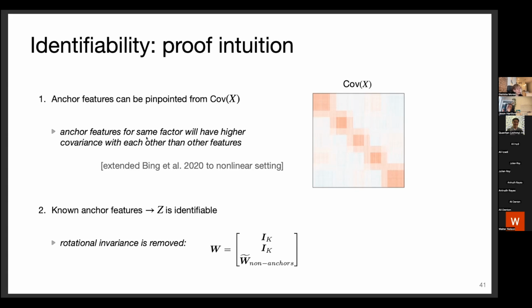From this point, if you're able to pinpoint these anchors, then as I mentioned before, you have this structure in your W where your support has these two identity matrices, and the rest of your W matrix is unconstrained. But by having these anchors, you're fixing these dimensions of your latent space, and so you're removing this core problem of rotational invariance, and that's what gives you identifiability up to that coordinate-wise transform.